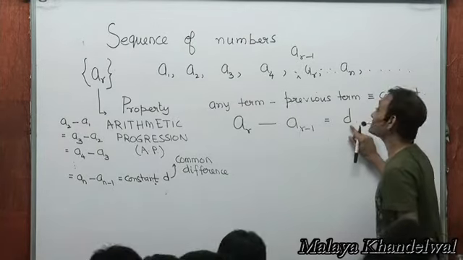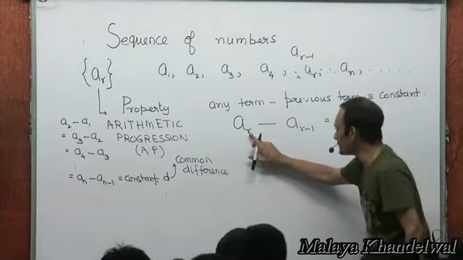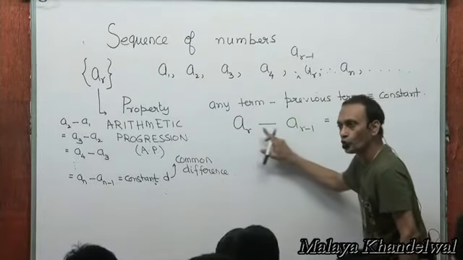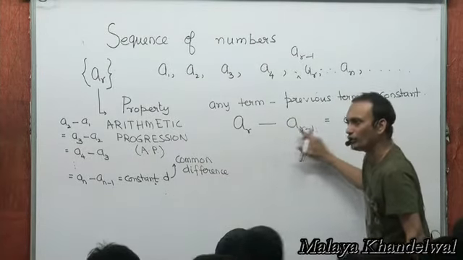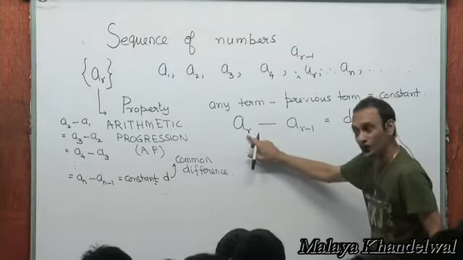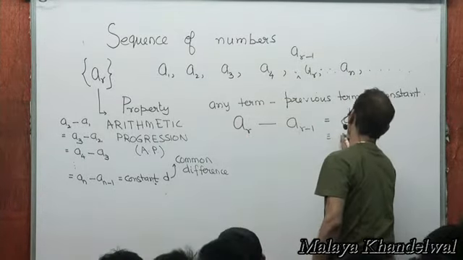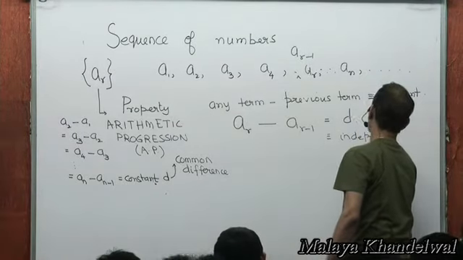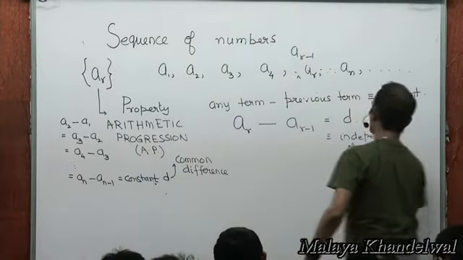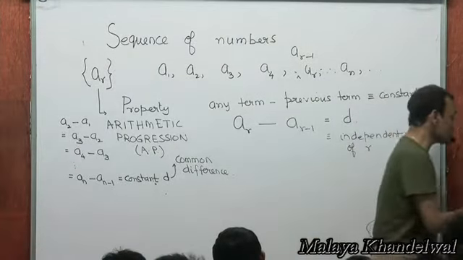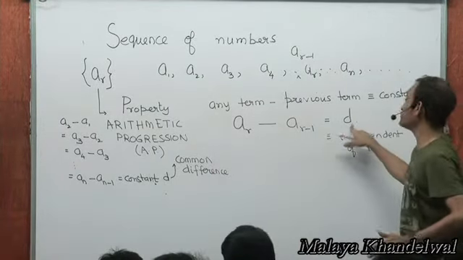And that means this difference would be independent of R. That means whether you take A2 minus A1 or you take A3 minus A2 or you take A4 minus A3, it will not depend on R. This difference would be independent of R. Yes or no? Then this sequence is referred to as an arithmetic progression with common difference D.